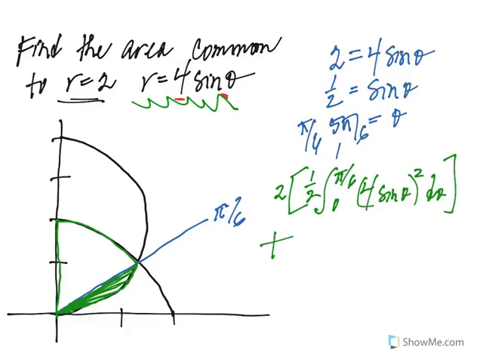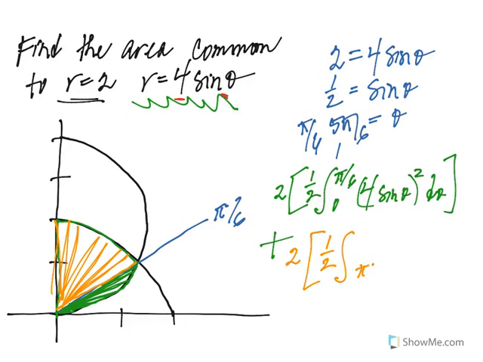I'm going to add to that then. I just need to add this additional sectors defined from pi over 6 to pi over 2. And I'm going to do these in orange. That'll be these pi slices right there. Add that. Again, I'm going to use symmetry. I've got two sides of this. This will be 1/2 the integral then from pi over 6 to pi over 2. But now I'm going to use my other equation.